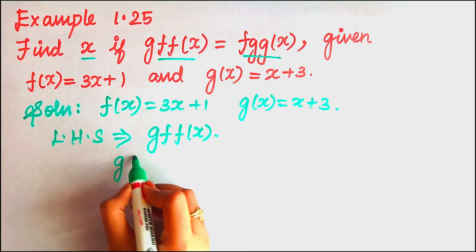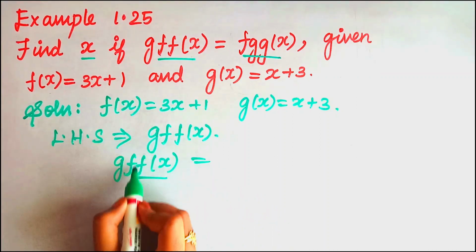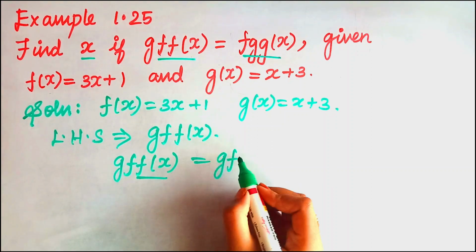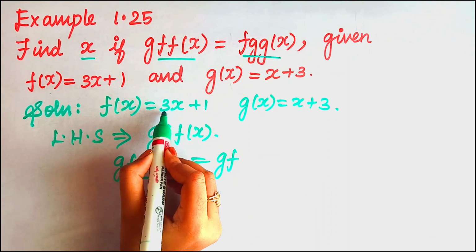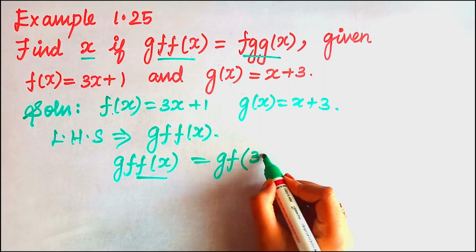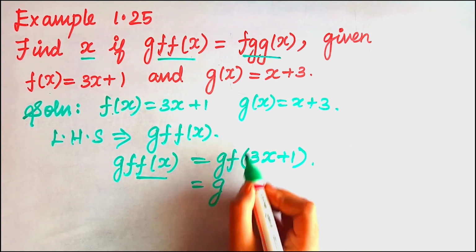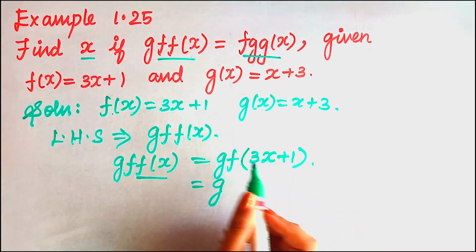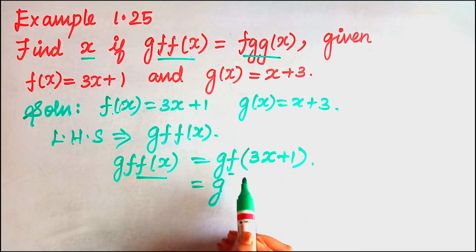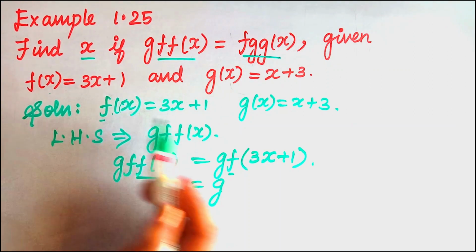So how to find this? First you take this part f(x), so you will get g of f. Then for this f(x) you substitute the value of f(x), which is 3x plus 1. So in the place of f(x) we substitute 3x plus 1, then g of 3x plus 1.